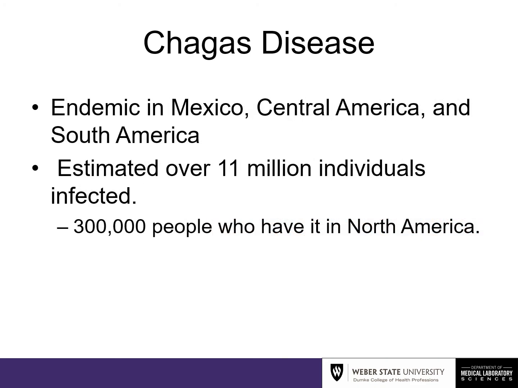Chagas disease is an endemic disease that is mostly in Mexico, Central America, and South America. It is estimated that over 11 million individuals are infected in those regions, but about 300,000 people have tested positive for it here in North America.